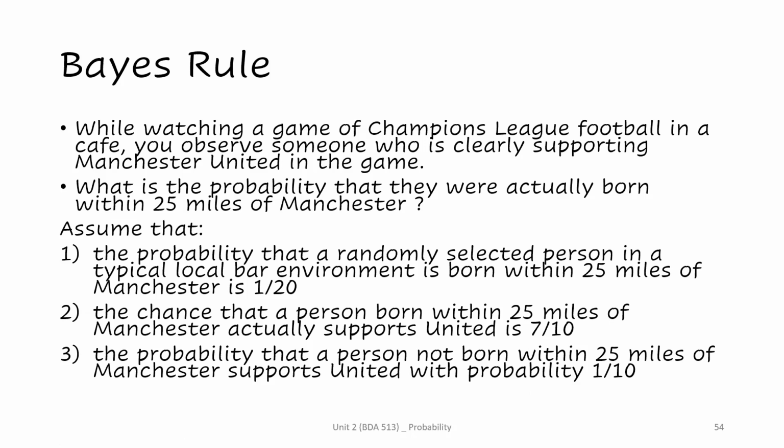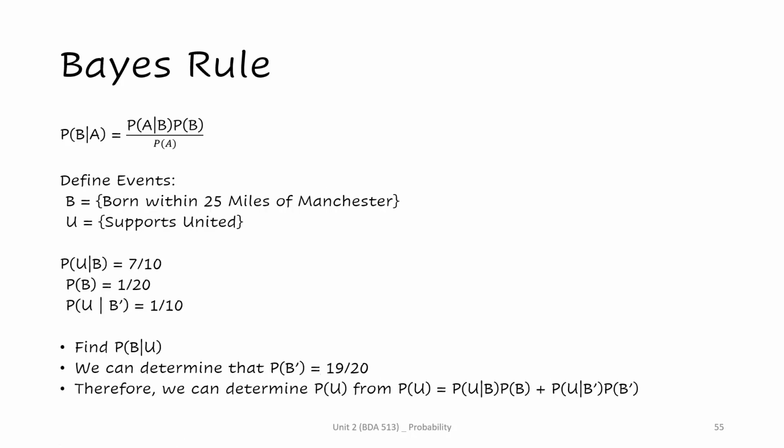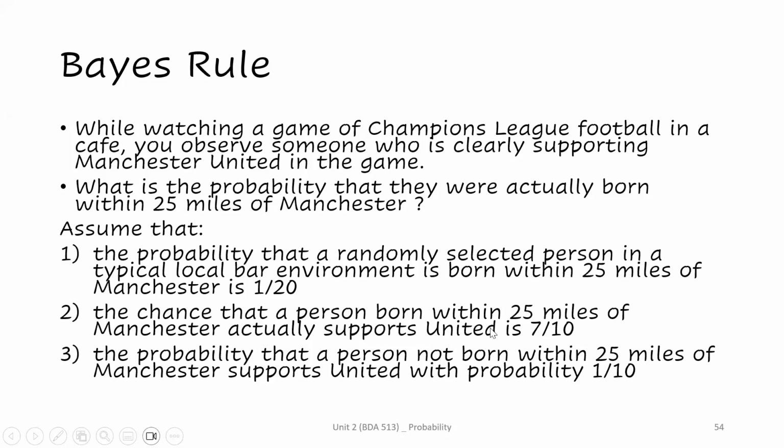And the probability that a person supports United, given that they were born within 25 miles, is 7/10.